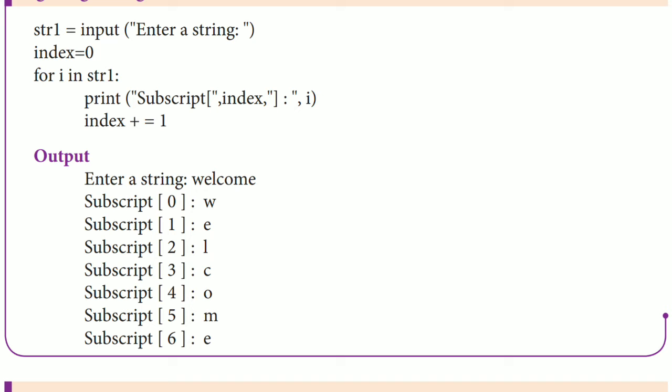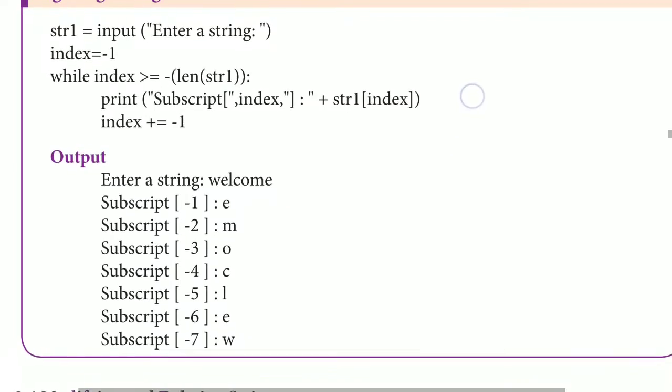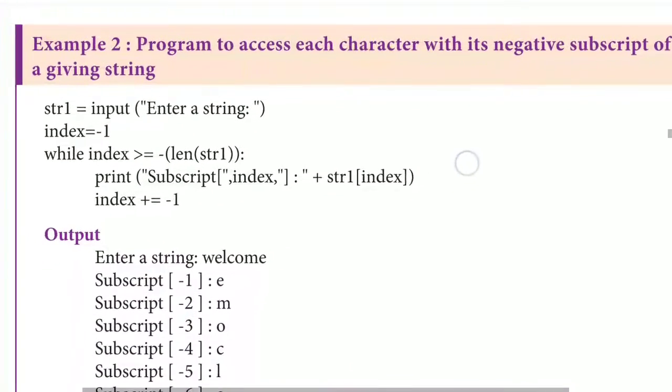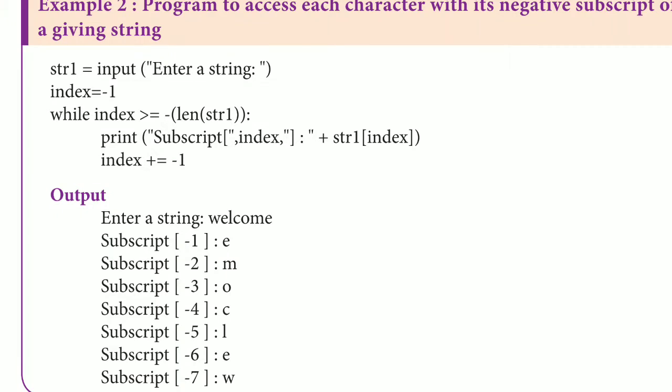The next program gives a clear example of negative indexing. They get the same word in str1. The index they are changing from 0 to -1, since they are going to reverse the word, and they are using a while loop.